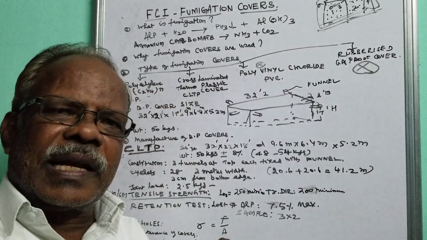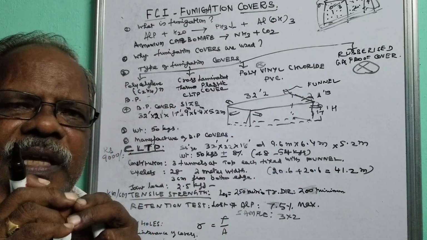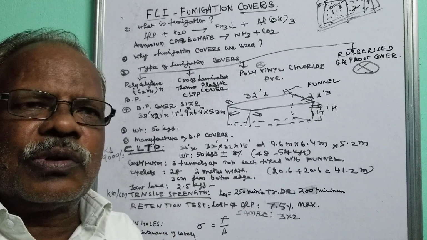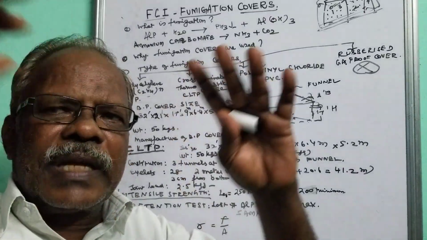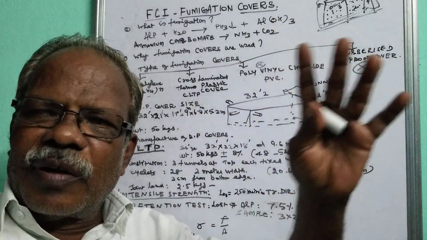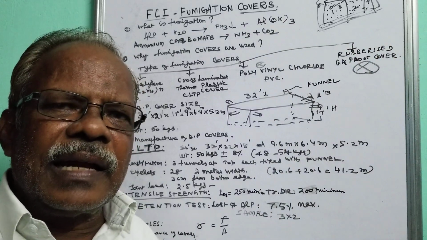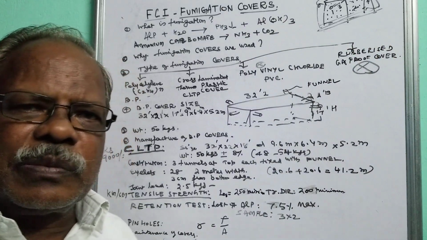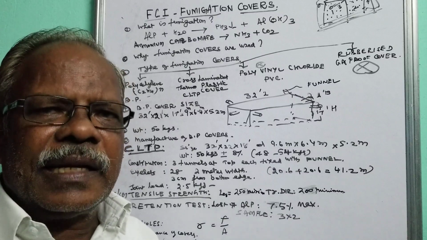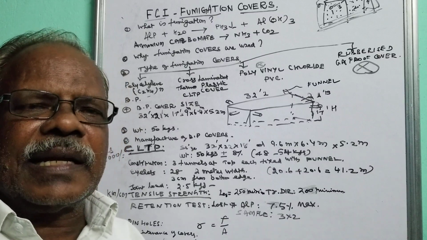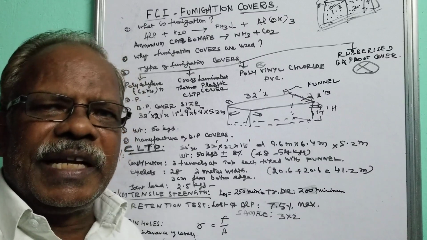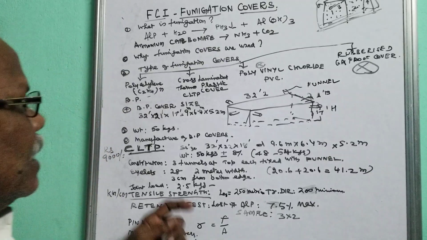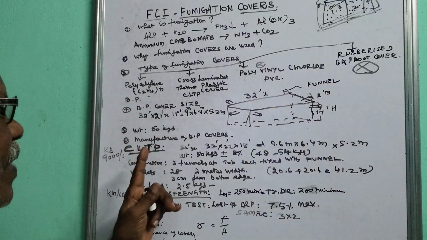It is passed through a nozzle, and in the center of the nozzle air is blown, so that the molten cover will be in the form of a balloon-like structure, and after cooling it is made into a sheet, and then it is fabricated as a cover by means of heat sealing. That is the black polyethylene cover manufacturing.